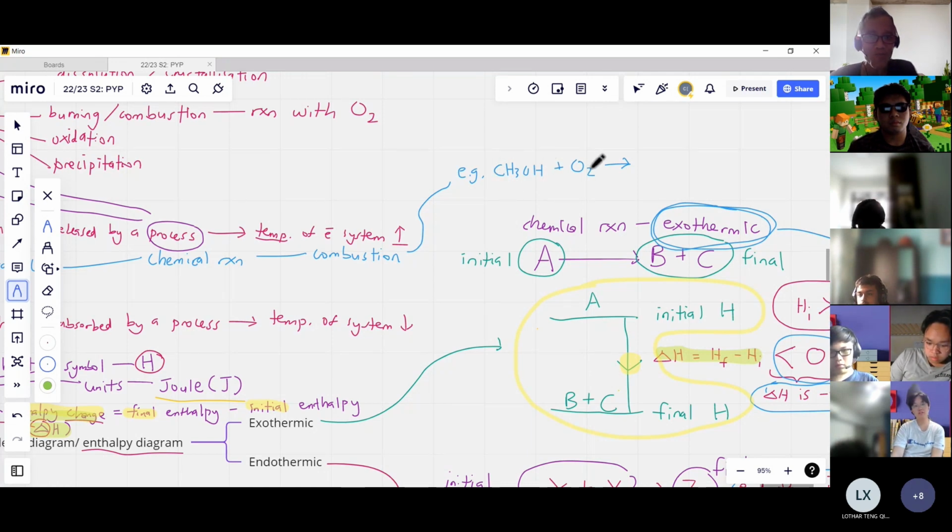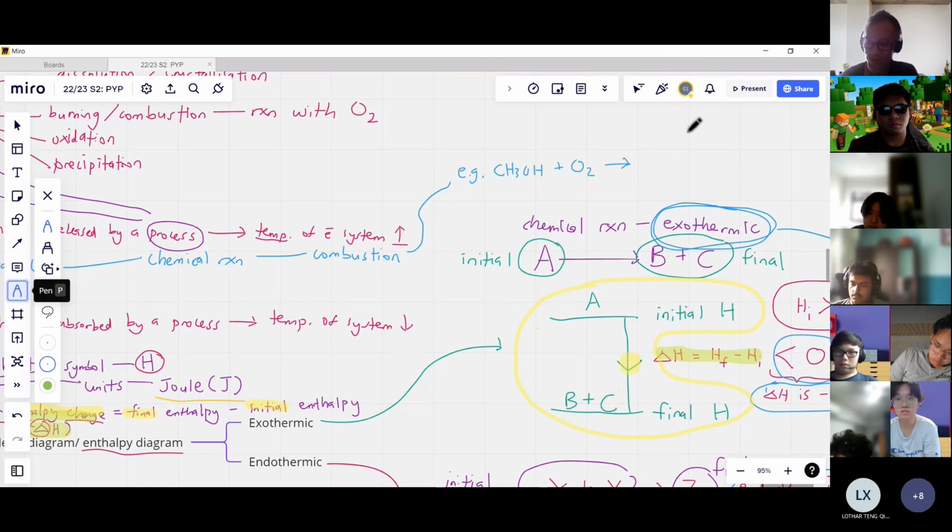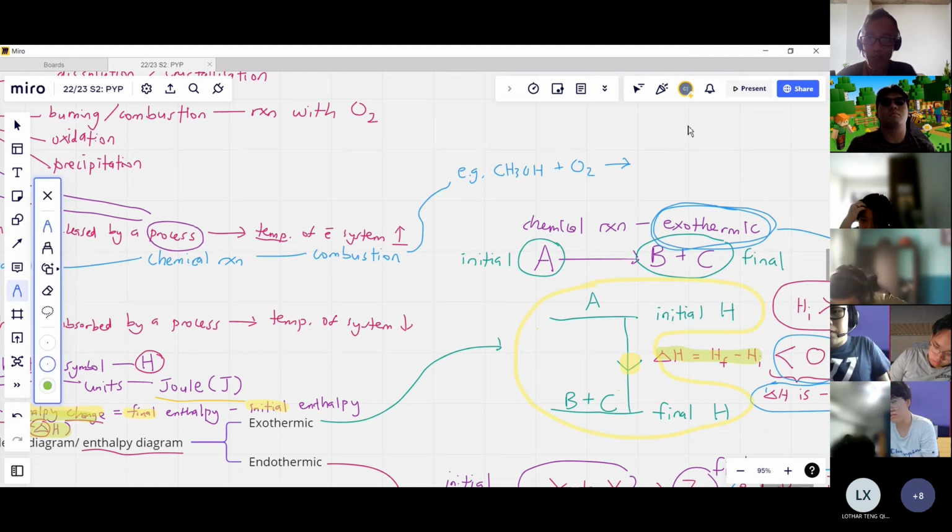It combusts. What are the products for combustion of that alcohol? Carbon dioxide and water. Good enough. So CO2 and water.